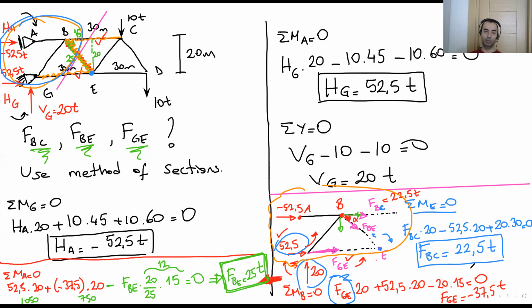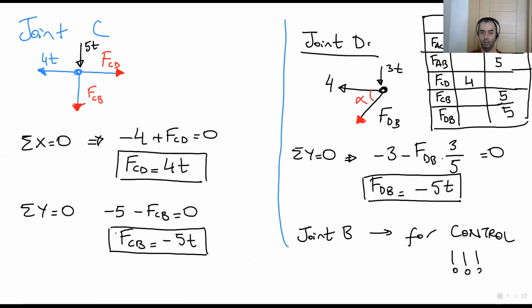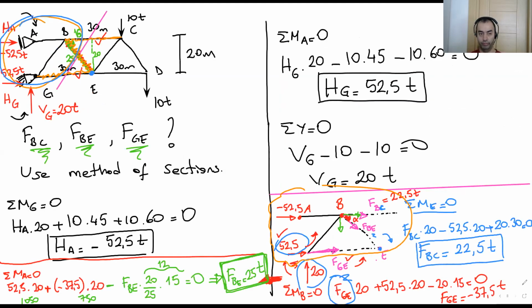Okay, what I suggest is that you try to do the first example, which is regarding the method of joints, which is this one, by yourself. This is really easy. It helps you to understand the method. Please do it by yourself, and please do the method of sections example for the right piece.